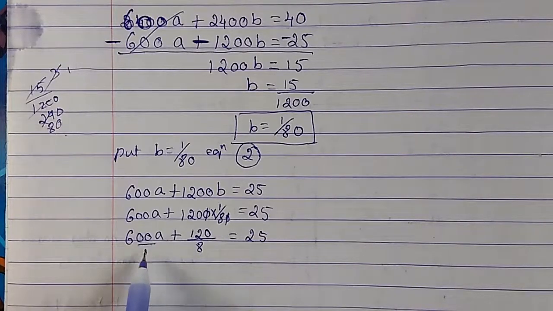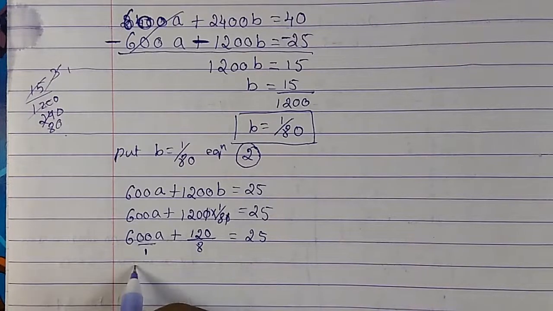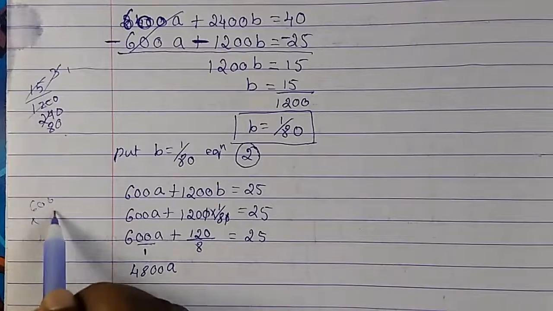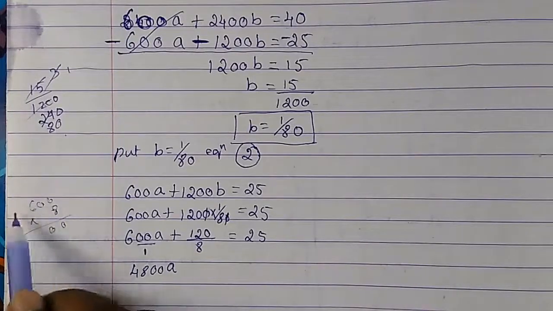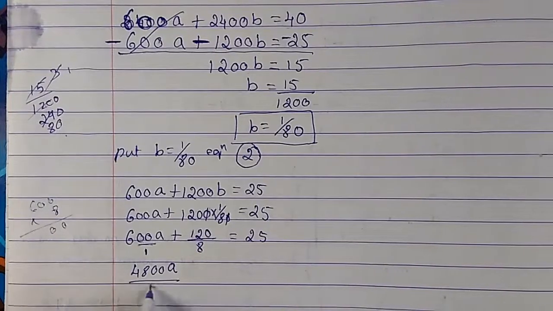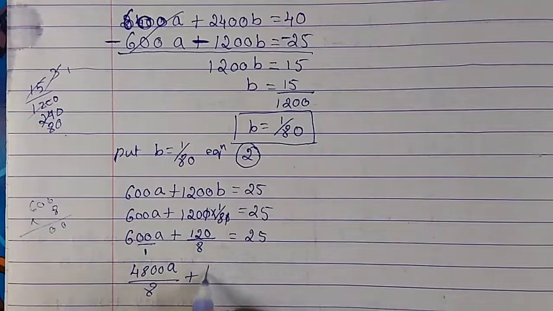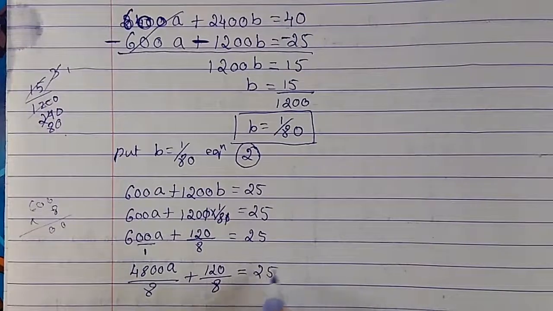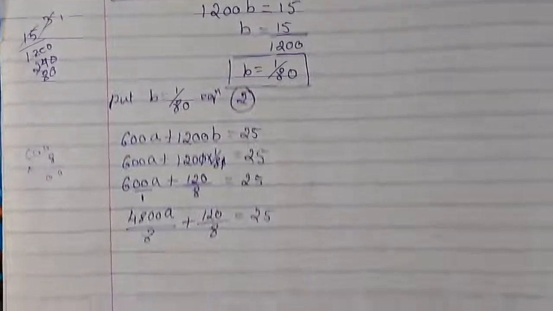To get 8 here also, both sides will multiply with 8. So 600, when you multiply by 8, we will get 4800a. See, 600 you multiply with 8, 48 we will get. So 4800a upon 8 plus this, keep as it is because we have the 8 here. Keep 25.